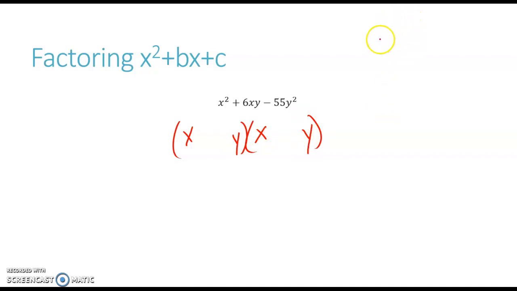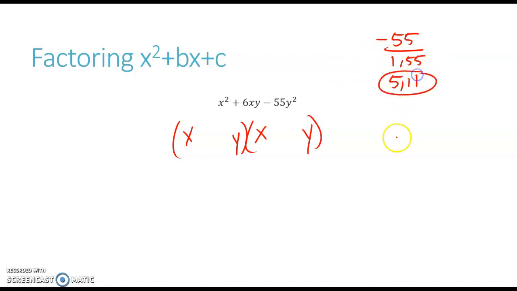So now I need factors of -55. So I've got 1 and 55. 2 doesn't go in, 3 doesn't go in, 4 doesn't go in, but 5 goes in. 6 doesn't go in, 7 doesn't go in, 8 doesn't go in, 9 and 10 don't go in. So we want to add to 6, which, because this is negative, it's actually subtracting. 55 minus 1 is not going to get me to 6.